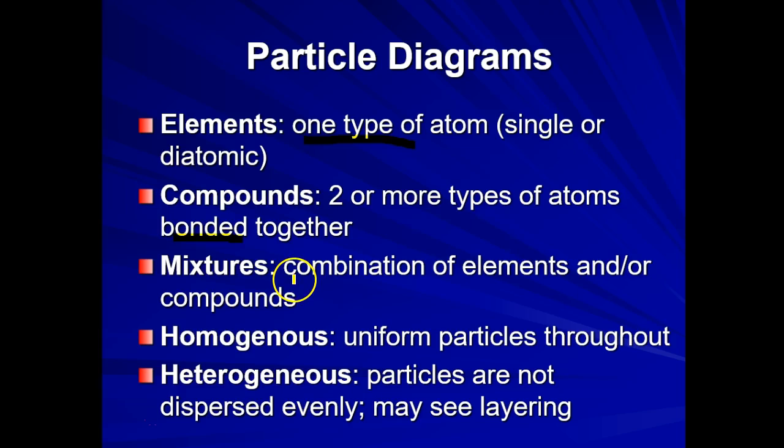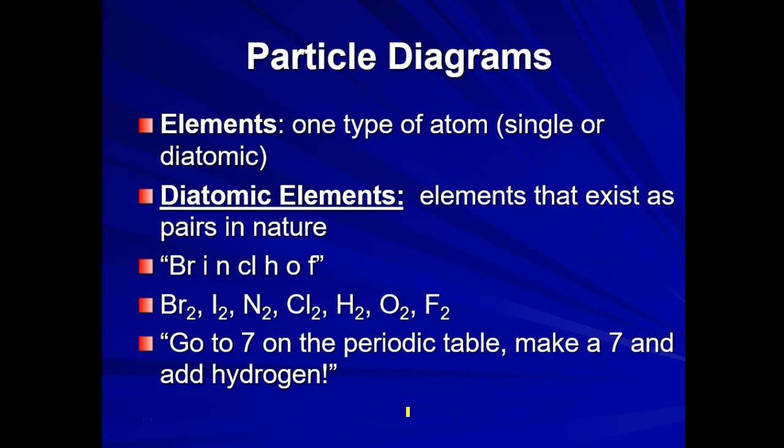So you might have a few elements and a few compounds, or you might have just two elements together, but they're not touching. Then you have homogeneous, which is uniform throughout, and heterogeneous, which is just not dispersed evenly. Okay. So let's see what those look like.